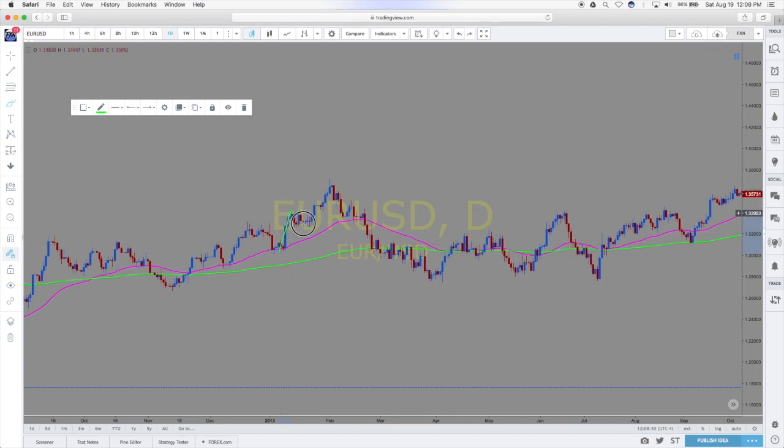So here's the left shoulder, the head, the right shoulder, and the rest of the body. Essentially the rule when trading these head and shoulders is you basically sell from the neckline. So this is your trade here. That's your trade.